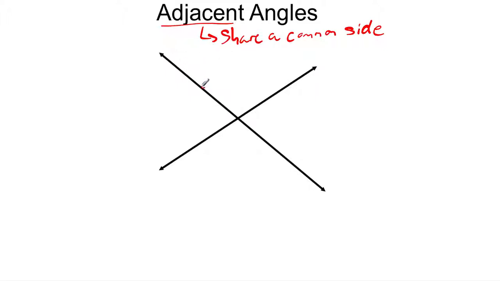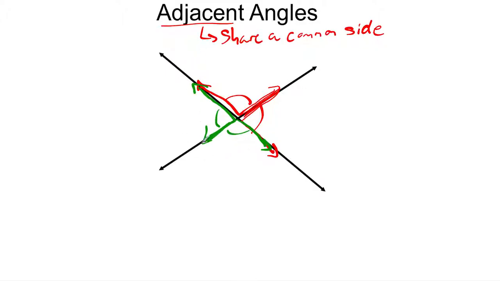So if I look at this angle, and then I look at this angle, notice that right down here in the middle is this common side. So I would say that these two angles are adjacent, much in the same way that this angle and this angle have this middle common side.